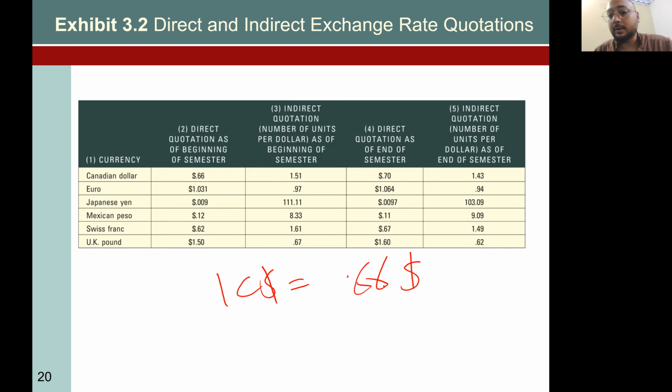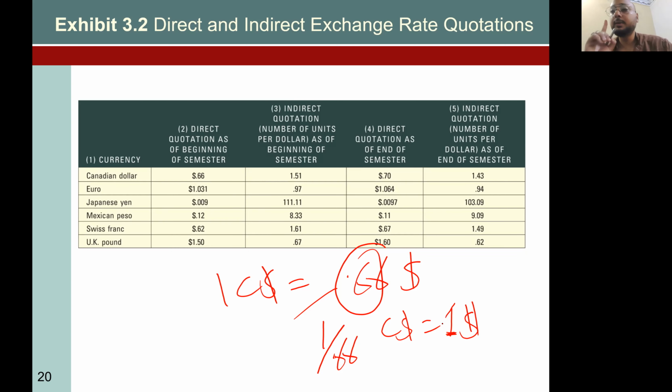How much is the value of the dollar? Simple. Take it to the right hand side. So here 1 by 0.66 Canadian dollar is equal to $1. If there is nothing here, the coefficient is always going to be 1. So $1 is equal to 1 by 0.66. The answer is going to be 1.51. So $1 is equal to 1.51 Canadian dollar.